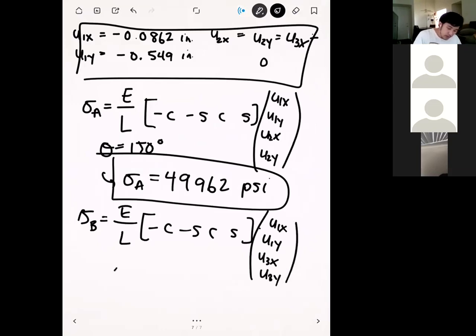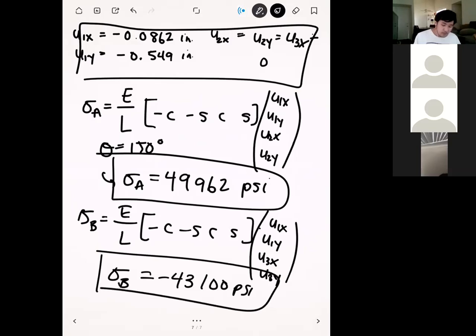And we get sigma B is equal to minus 43,100 psi. Once you have your displacement solution, it's a simple matter to compute the stresses. You just plug it into this formula that we have right here. Any final questions on this example here?